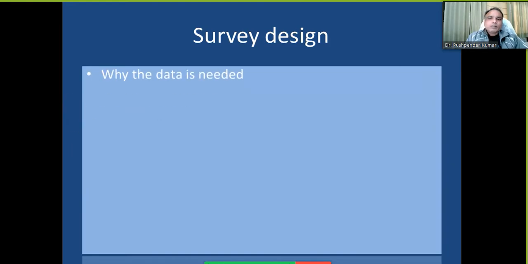So here you see what you need to do: why the data is needed. The first question in your mind should be why we need this kind of information, why do we need this kind of data. Generally, you are going to get some project from government.